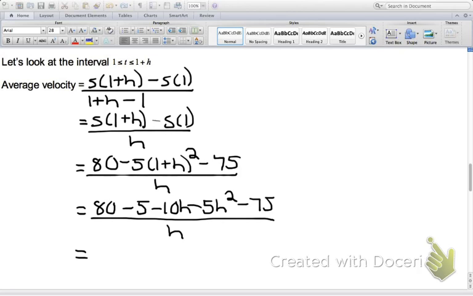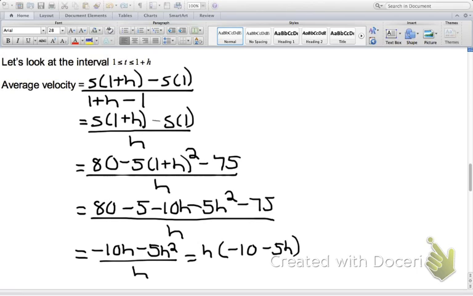We will now collect our like terms, and when we do that, we're left with negative 10h minus 5h squared all over h. We're going to factor an h out so that we can get rid of the h in the denominator. So we're left with negative 10 minus 5h all over h. These h values cancel out, and we are left with negative 10 minus 5h.